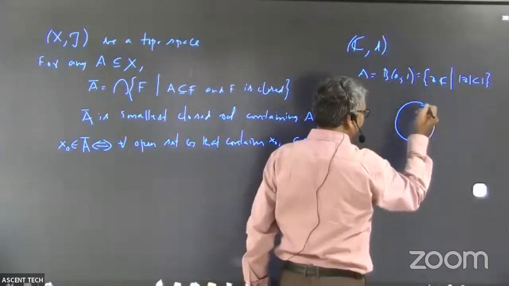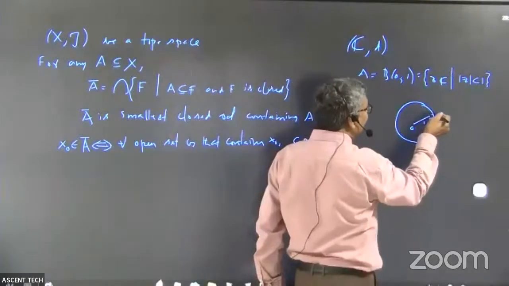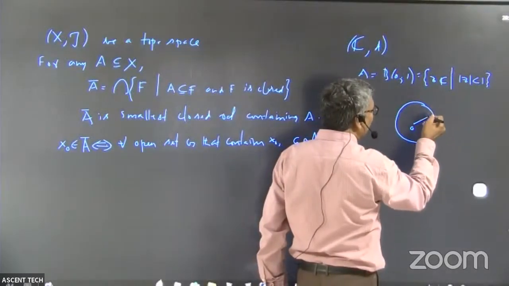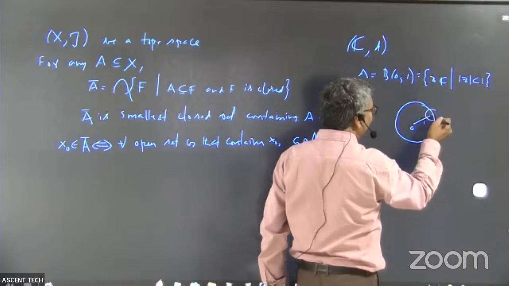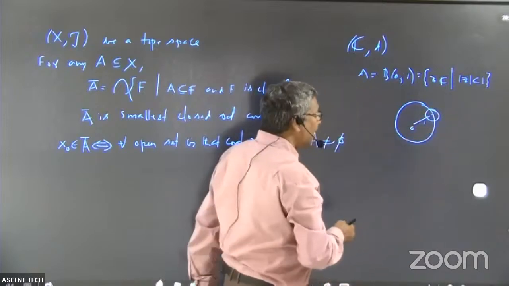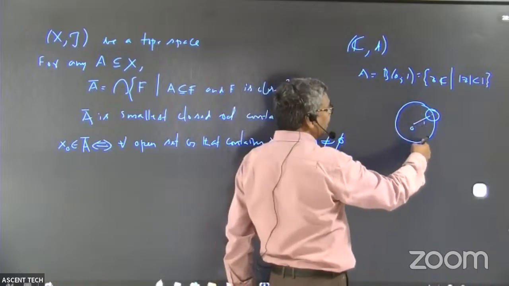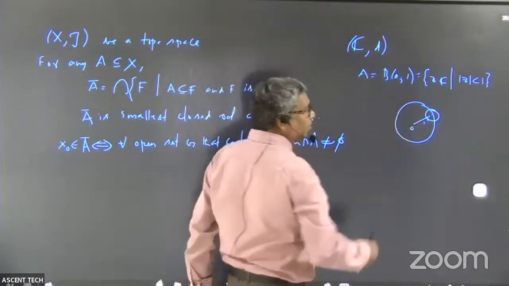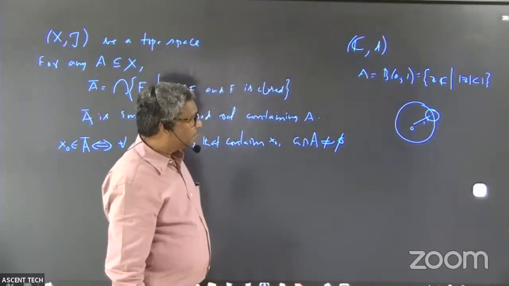Now, if you take a point on the boundary, whose distance from the origin is exactly 1, every open set I take around it is going to intersect this set in some more elements, isn't it? That's why that point on the boundary must be in the closure of A.